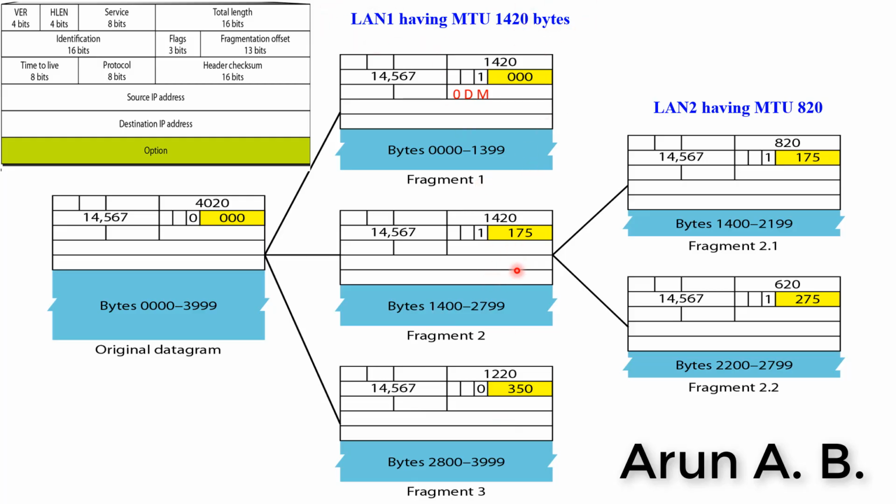Again, when one of the packets passes through LAN 2, it is subdivided into 2 packets, right? In total, the bigger packet of 4000 size was divided into 5 sub packets.